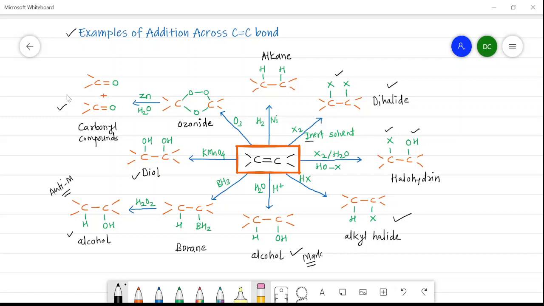So this is all about electrophilic addition: the general introduction, why alkene and alkyne show electrophilic addition reaction, the general reaction mechanism, and the examples of addition across carbon double bond carbon. So in the next video we will see the most important reaction in this topic, the hydrohalogenation reaction.